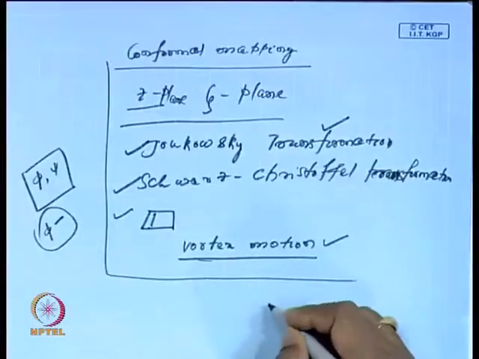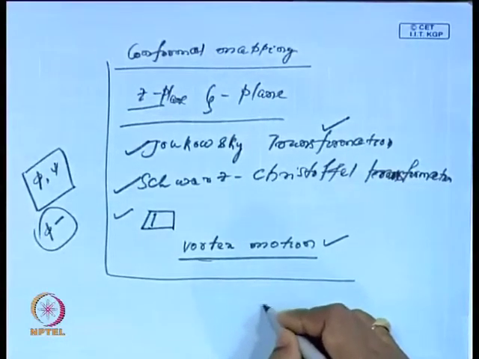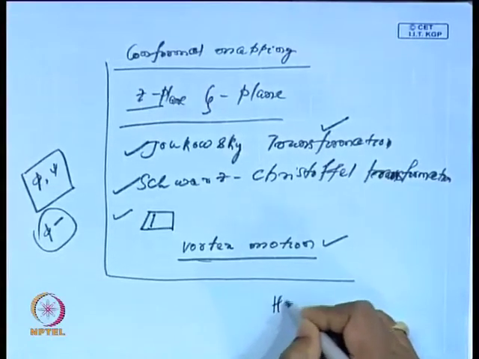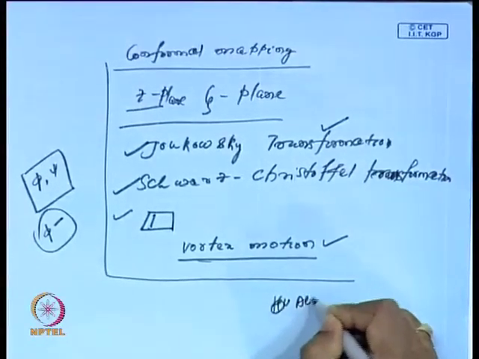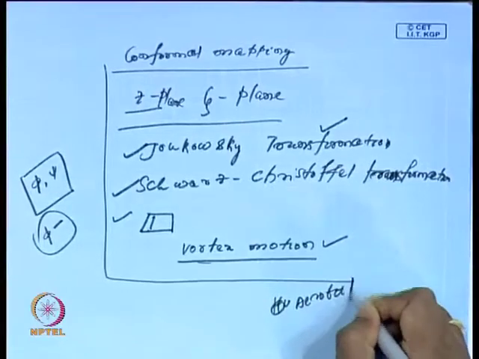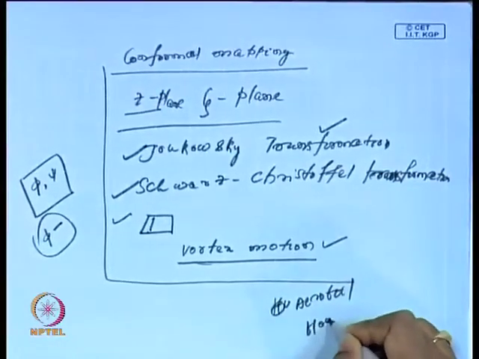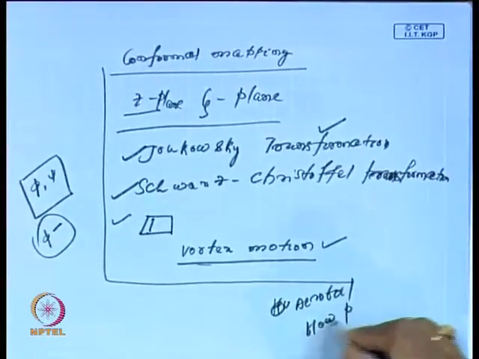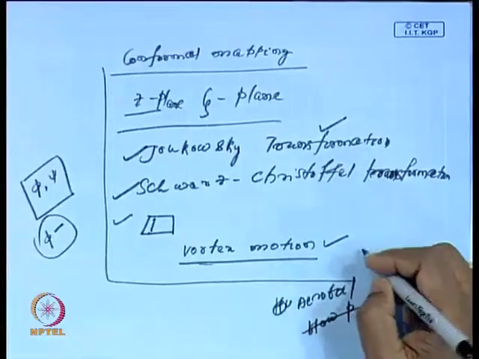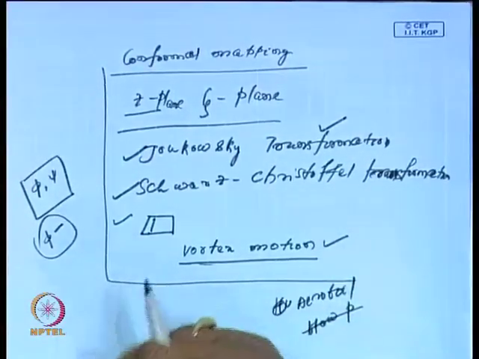Again, in the last few classes we have seen the application of the Joukowski transformation to hydrofoil or aerofoil theory, uniform flow past a circular cylinder, or uniform flow past an elliptic cylinder.